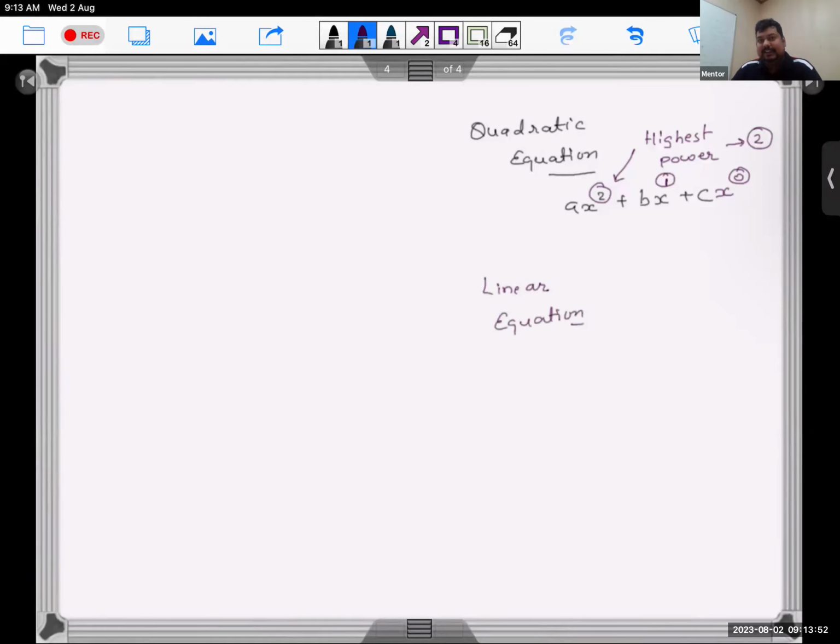Ax plus B. Essentially, this is mx plus c, where A is m and B is c. Here x has the highest power as 1, and B has x to the power 0. Anything to the power 0 is a 1, so you can simply write it as it is. As you can see, the highest power is 1. Keep these things in mind because this will help you understand what is about to come next.